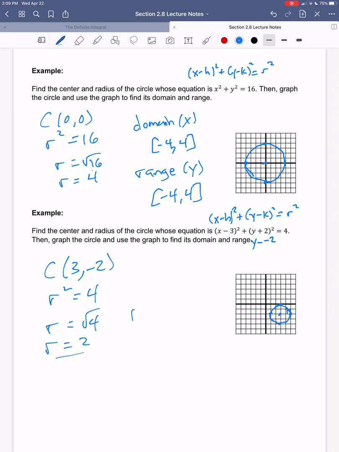And then I find the domain and the range. Remember then the domain would be my x-coordinates. If I look at this here, farthest to the left, that's an x-coordinate of 1. Farthest to the right is an x-coordinate of 5. So my x-coordinates go from x equals 1 to x equals 5.